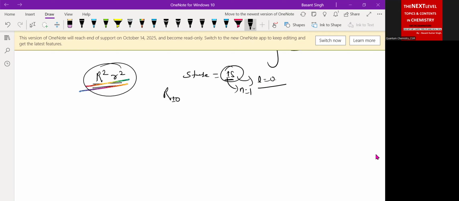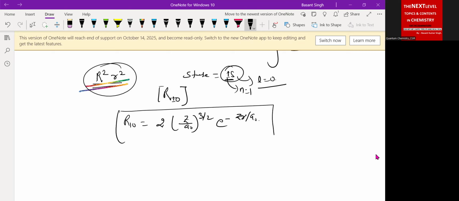The expression for this radial function is 2 times (Z by a naught) to the power 3 by 2 e to the power minus Z r by a naught. This is given in any textbook.